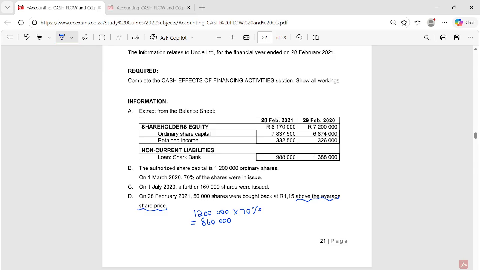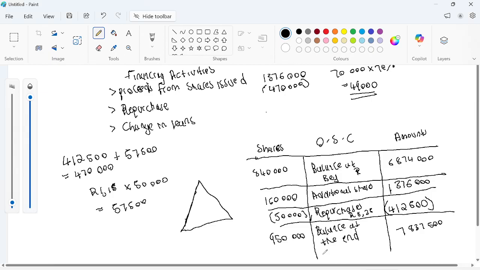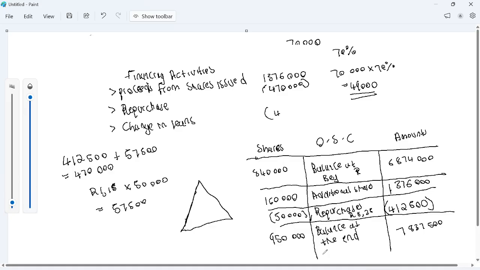So therefore 400,000 was repaid by the company. So therefore a decrease in loan is an outflow of cash. So therefore we have an outflow of 400,000. So therefore that's our financing activities, right? So therefore these are our financing activities, guys.